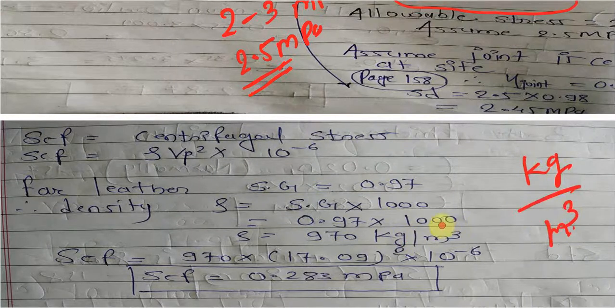So the complete value is 970 kg per meter cube. Now put the rho value here, we know the Vp value, multiply by 10 to the power minus 6, and the SCF is 0.283 MPa.